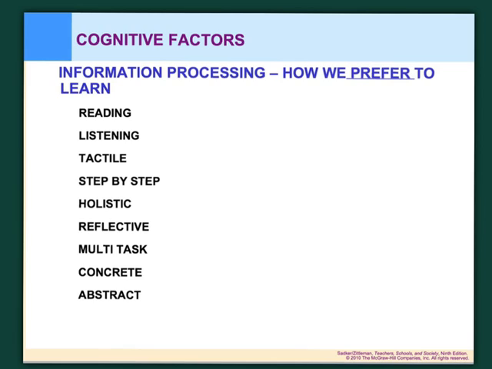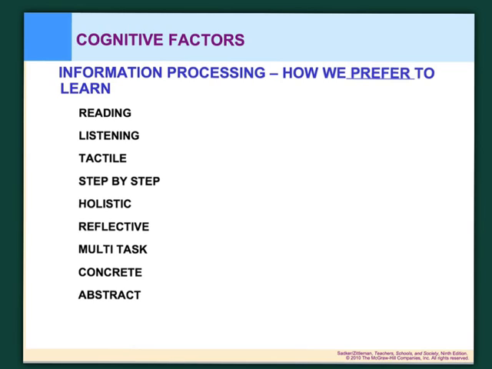This is the way we process our information, how we prefer to learn. This is what I was referring to when I spoke of multiple intelligences. Reading, listening, tactile, being able to touch things, manipulatives, step by step. Some people really need that clear, lineal step-by-step instruction. Holistic, in other words, kind of looking at the whole picture and jumping in and then seeing how it all works together.